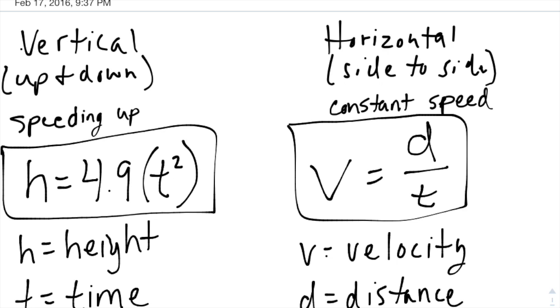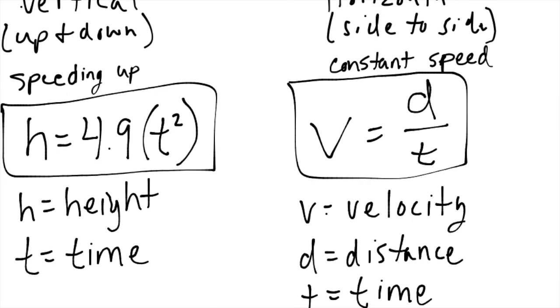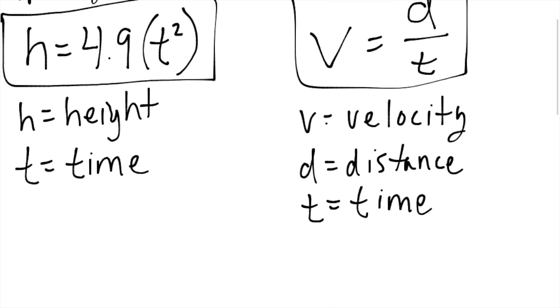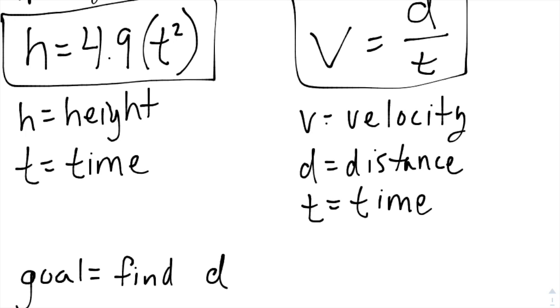Okay, so there's a couple things that we want to notice here that's going to help us when we go to actually solve this problem. So the first thing that we want to see is that the goal is to find distance, d.